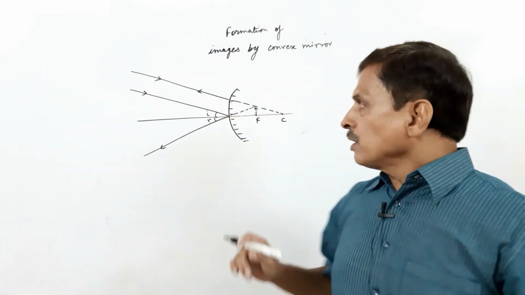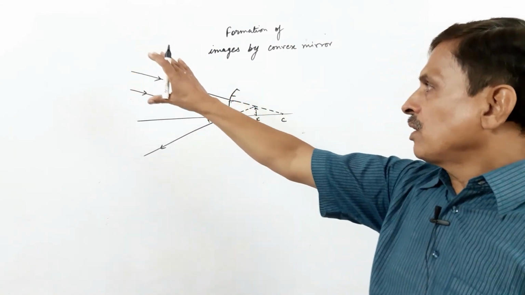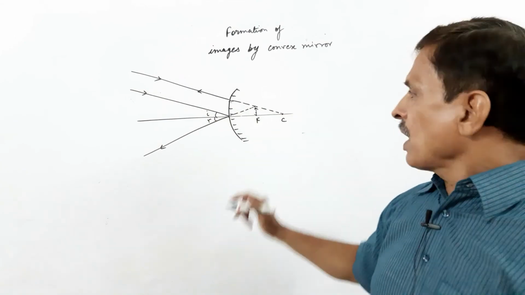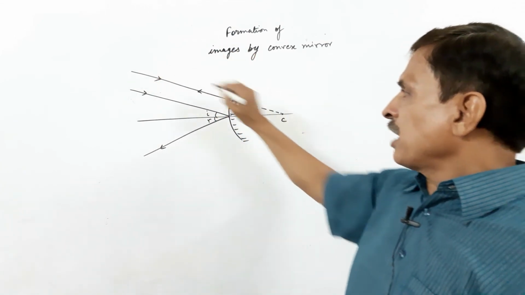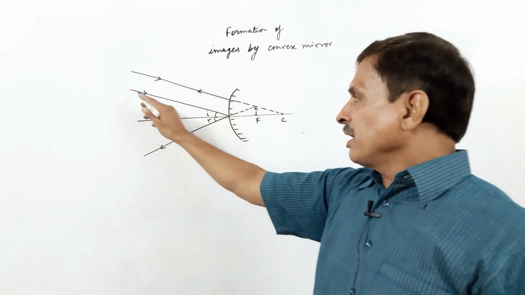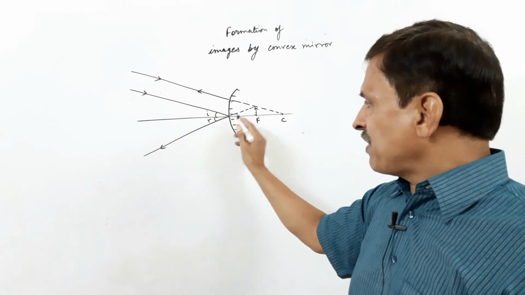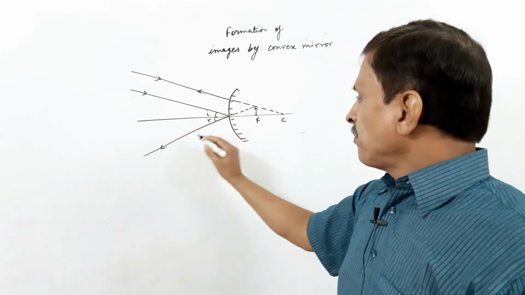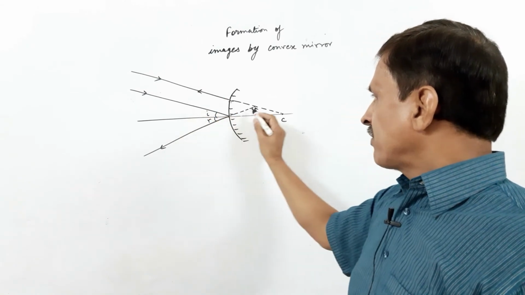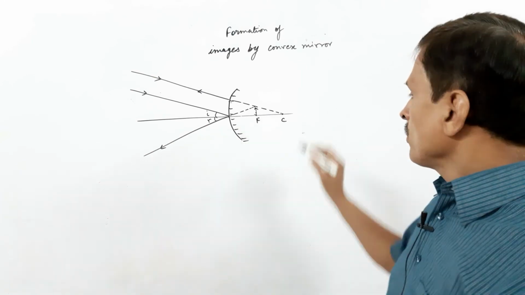So we see the object is at infinity, the rays coming from the object become almost parallel. A ray in the line of the center of curvature returns back along the same path. Another, incident at the pole at an angle I with the principal axis, is reflected back at an angle R such that I is equal to R. When the paths of the two reflected rays are produced backwards, these intersect at a point which is at focus.